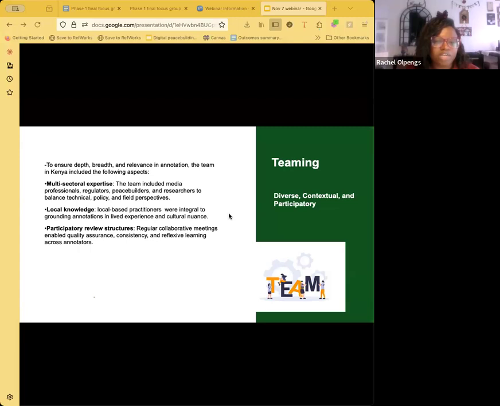Again, back to the composition, it was based on people's backgrounds, just bringing in the local knowledge. These are people who've worked within the context, within various parts of the country, engaged with conflict communities and conflict issues, from policy to implementation of programs.